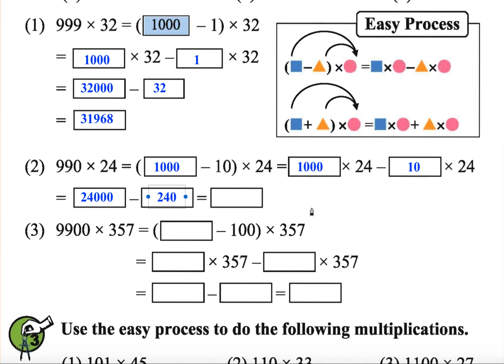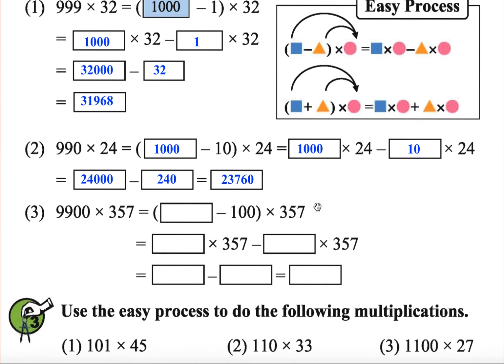Now remove 200 from 24,000. If you remove 200, 23,800. From 800 remove 40, 760. So that is the answer. Okay, if you add 40 to 760 it will become 23,800. If you add 200 it will become 24,000.